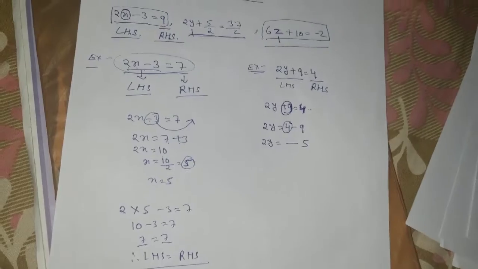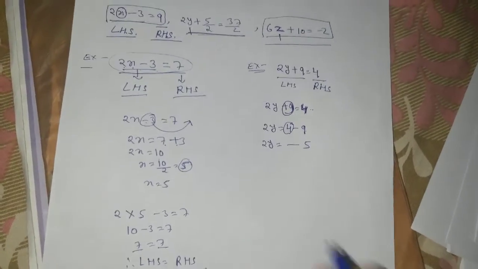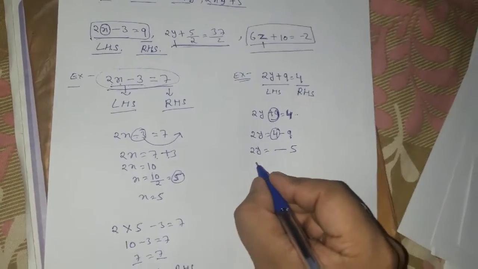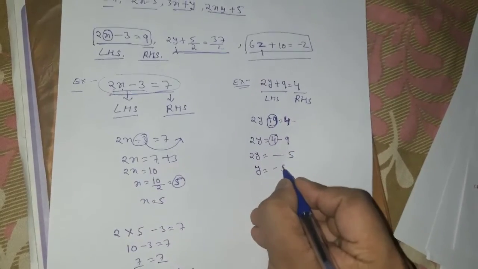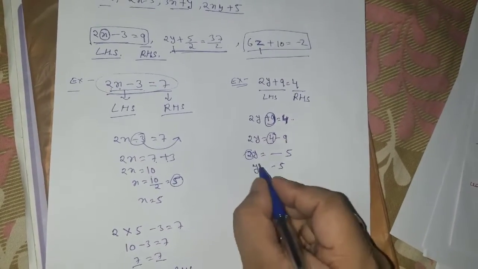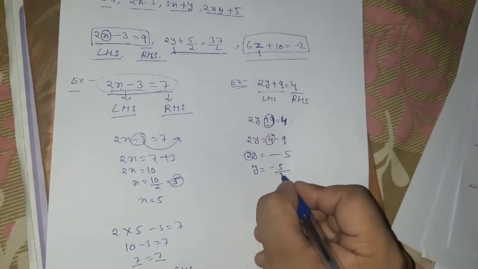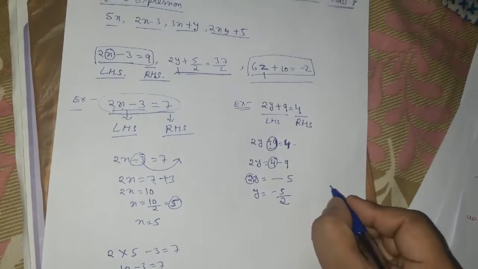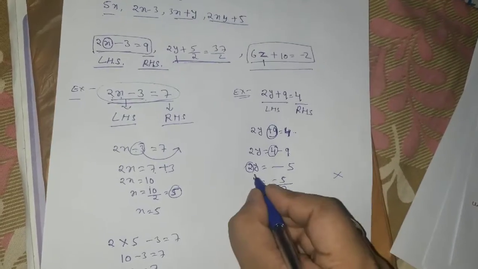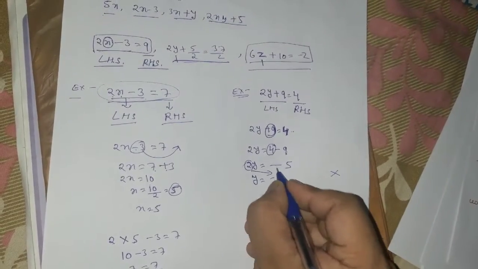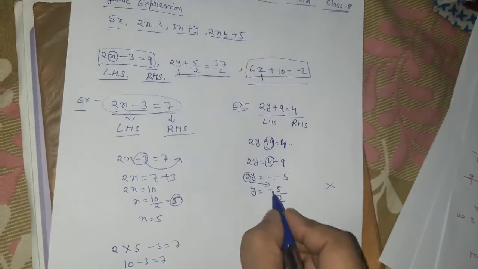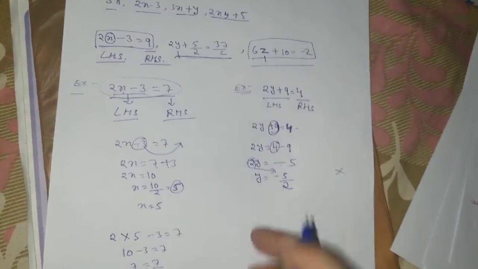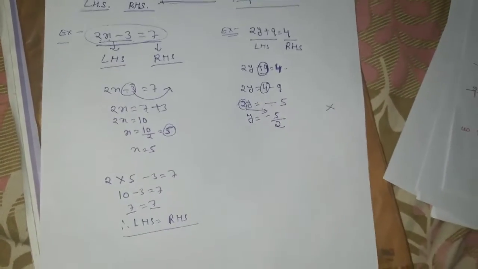We have already discussed it in class 7. So 2y equal to minus 5, and 2 goes to the denominator because of cross multiplication. So the value of y will be minus 5 by 2.